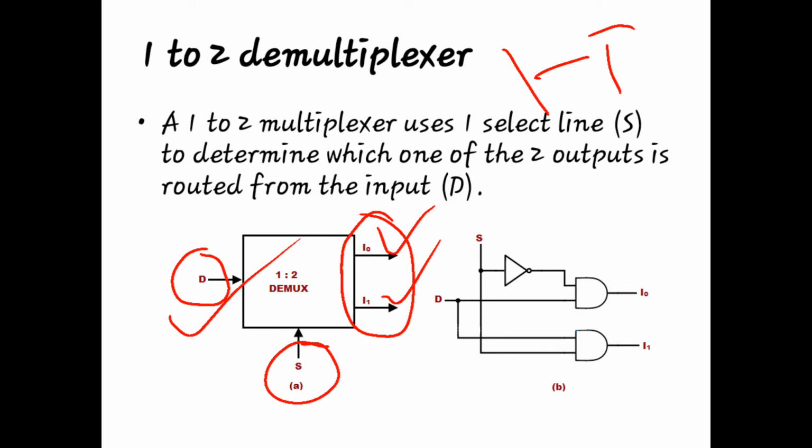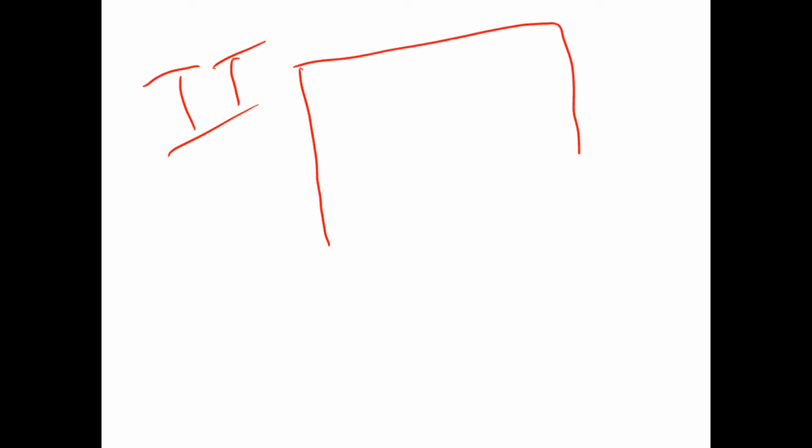The next thing is, what will be the truth table depending upon this one select line, two output lines, and one input line. If we talk about the truth table of this 1 by 2, it will be designed like this.